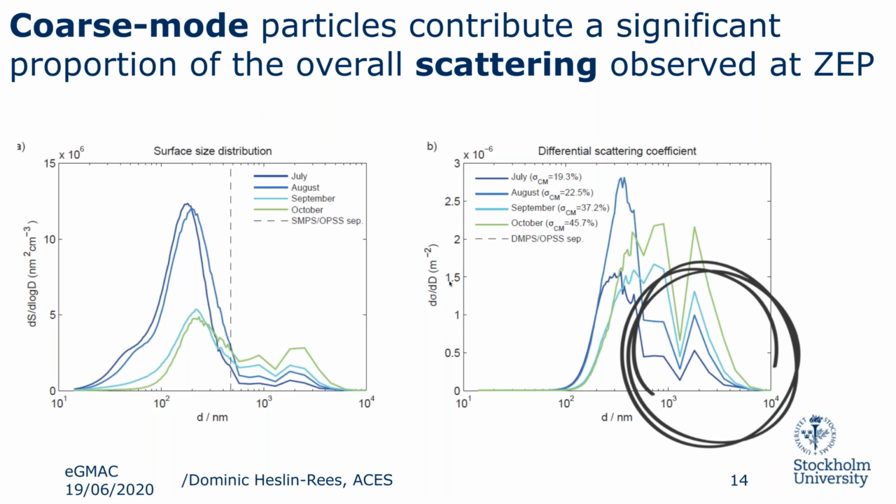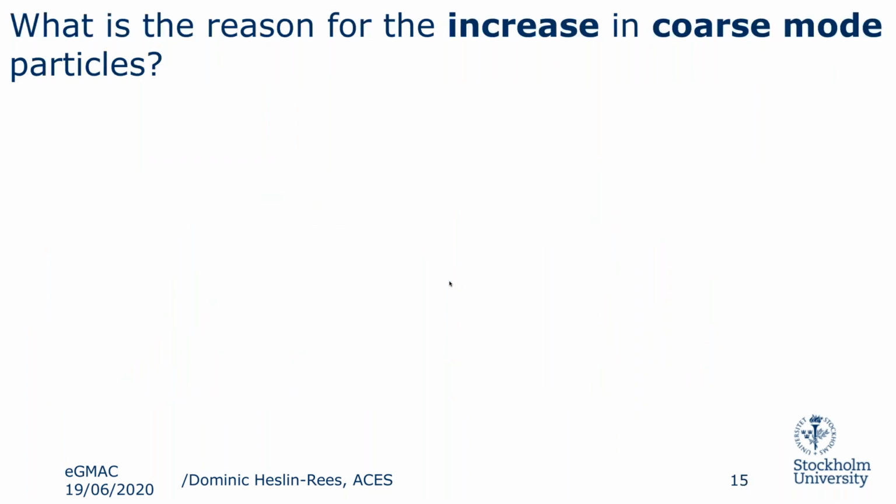The accumulation mode normally influences scattering the most, but coarse mode particles, particles above 1 micron, are still playing a significant role. So what could be the reason for this increase in coarse mode particles, explaining the reduction in the Ångström exponent?